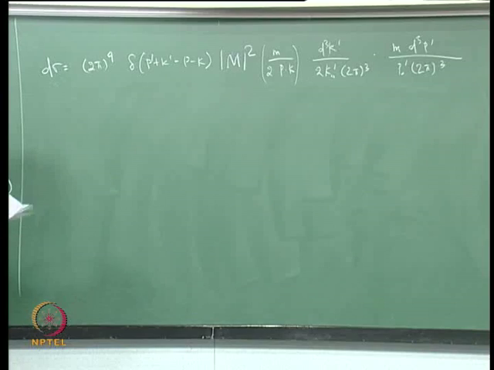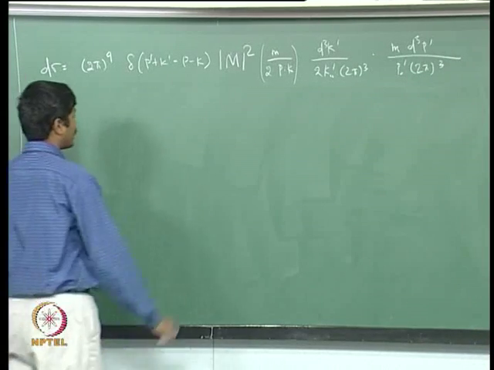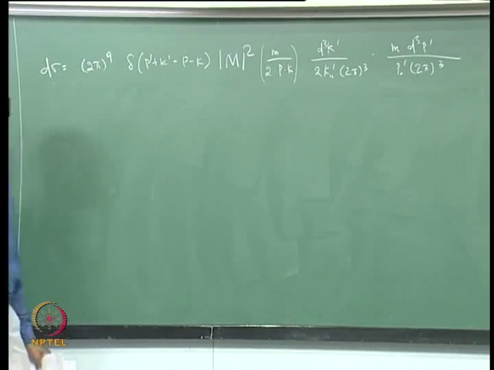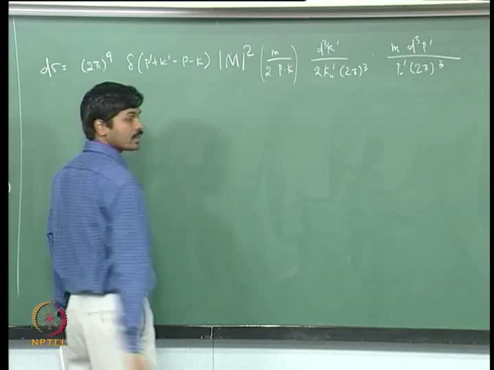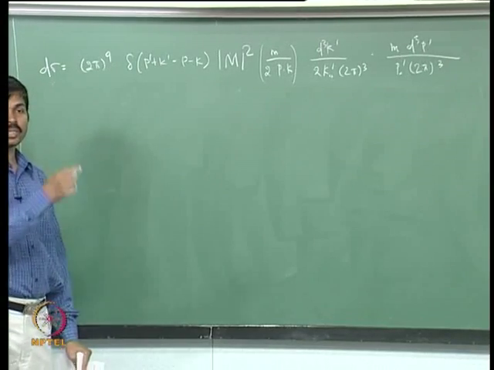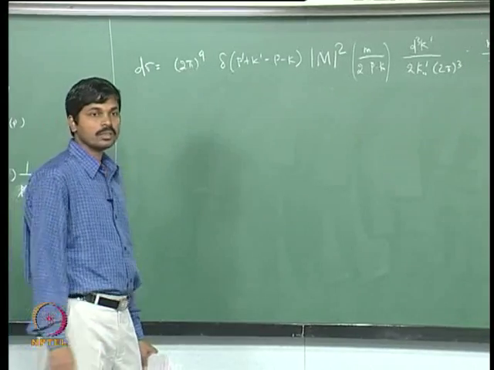What we will assume in addition is that we will consider the initial electron, the incoming electron, to be unpolarized. So, when it is an unpolarized electron initially, you need to average over its polarization.